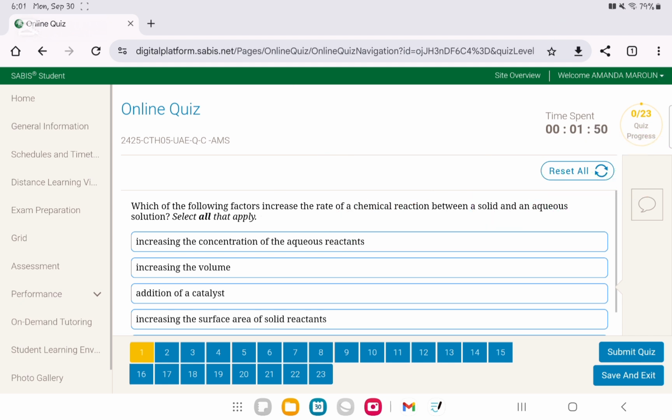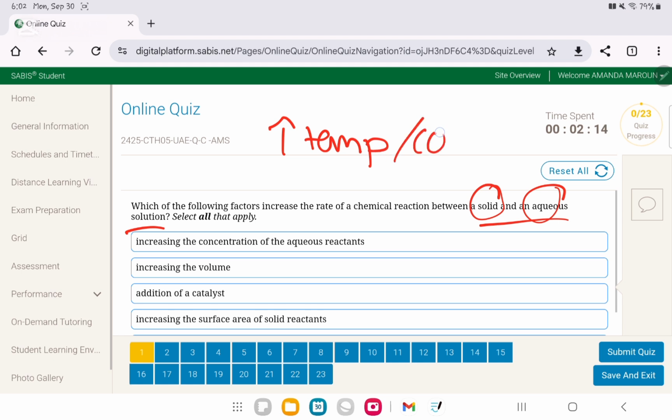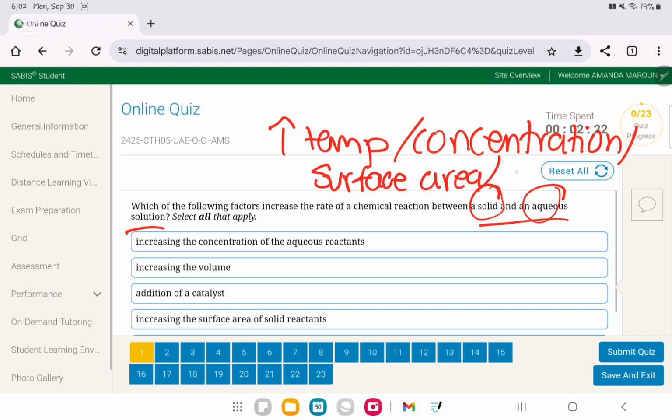So looking back here, we have a solid and an aqueous solution. What are the things that affect a solid and aqueous solution, as we said before? The concentration, the temperature, the surface area, and the addition of a catalyst. If you increase temperature or concentration or surface area or add more catalyst, then definitely the rate will increase.